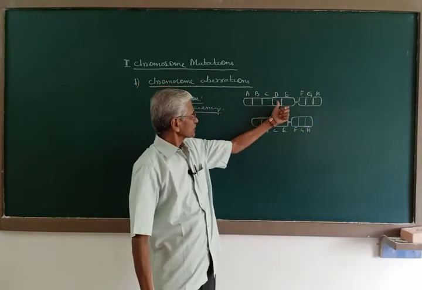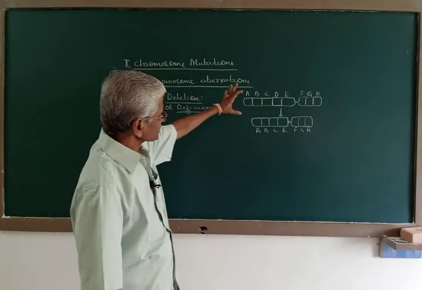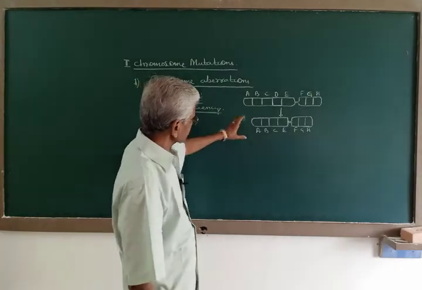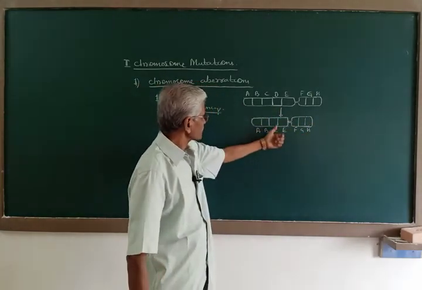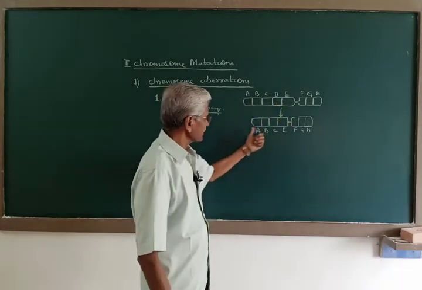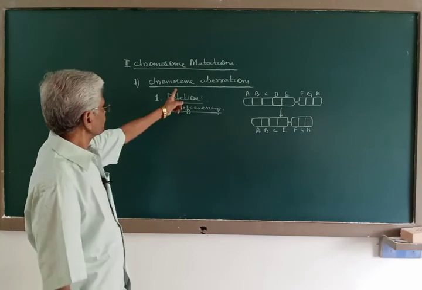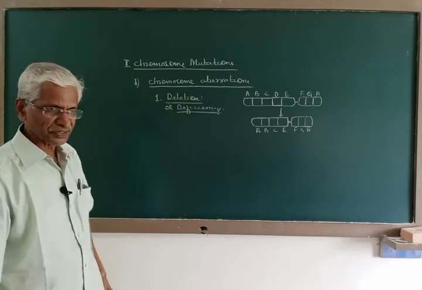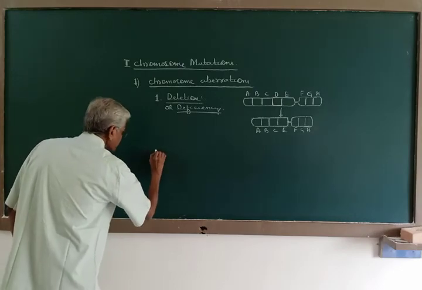So this segment of the chromosome separates and is lost. As a result, the chromosome loses this gene and it becomes shorter. So this is one type of chromosome aberration called deletion or deficiency.